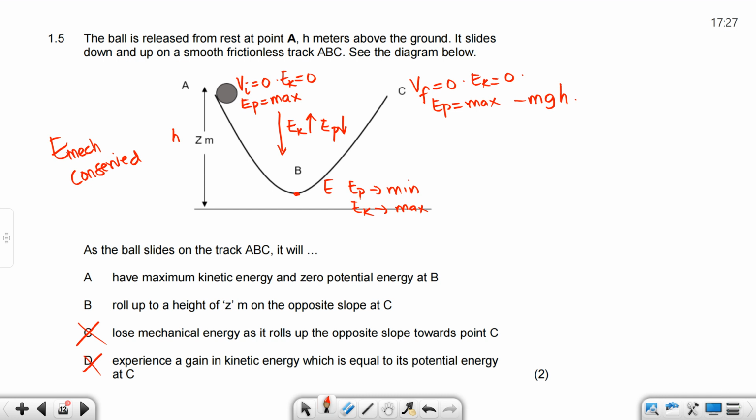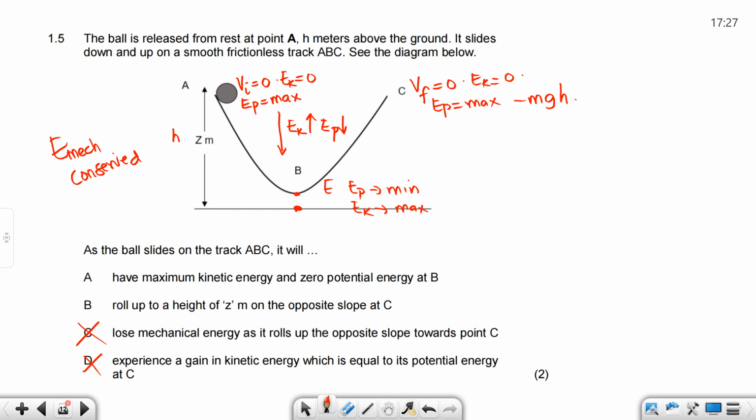Okay, now, experience a gain in kinetic energy. No, when it's going to C, what's happening? It is actually losing kinetic energy because it's going up. So now, we have to answer between A and B. It cannot be A. Why? Because B is not on the ground. If it went on the ground, that's when we would have zero potential energy.